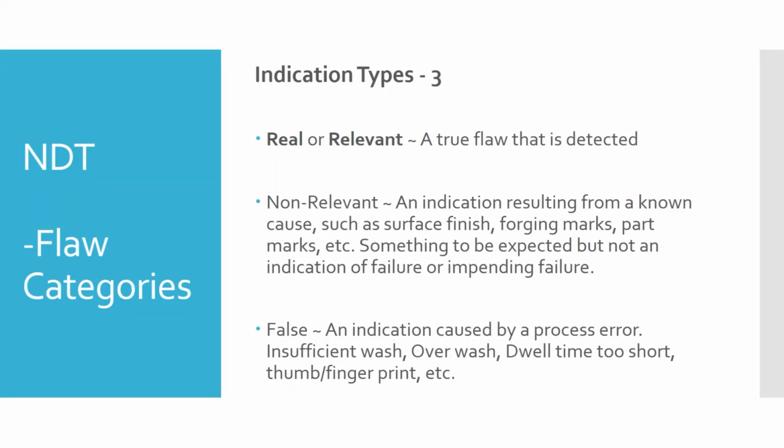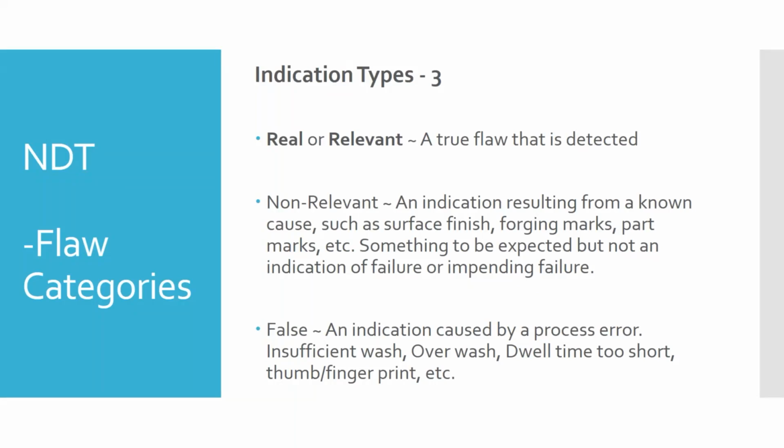When parts are made, if there's no reason to grind them perfectly smooth on a surface, they'll often leave the machining marks there because there's an added cost for cosmetic work. So if there's no need to remove cosmetic imperfections, they may be there, and they'll sometimes create an indication when you're performing NDT. But it's something that's expected, and it's not an indication of failure or of impending failure.